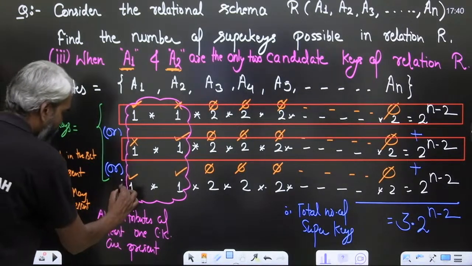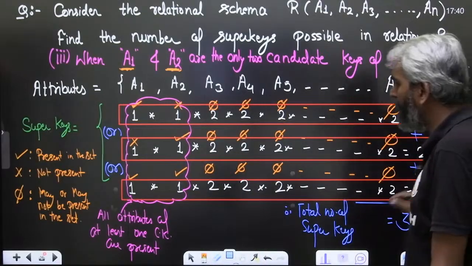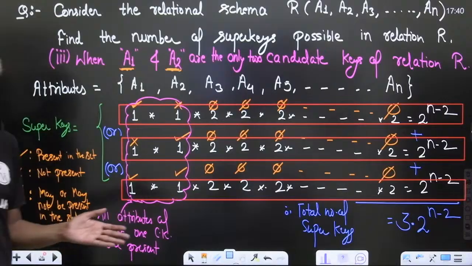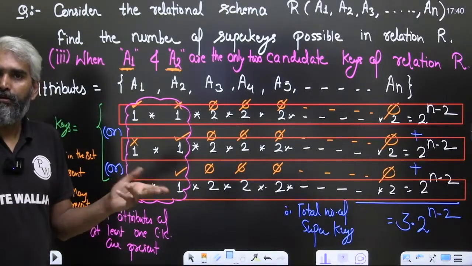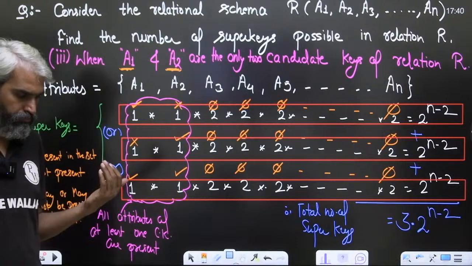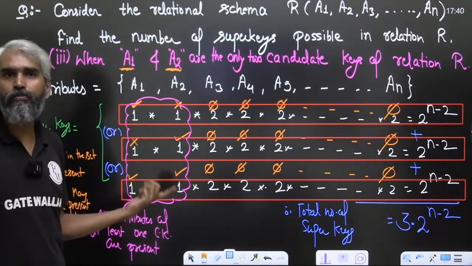And these are the super keys in which attributes of both A1 and A2 are present. A1 or A2 allows the condition to be true when both of them are true. That means both A1 and A2 may also be present.